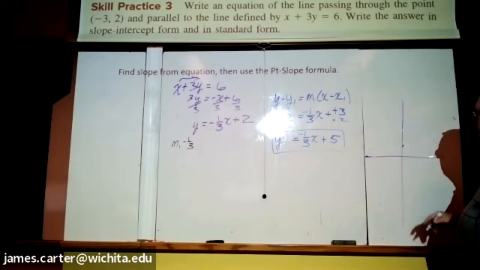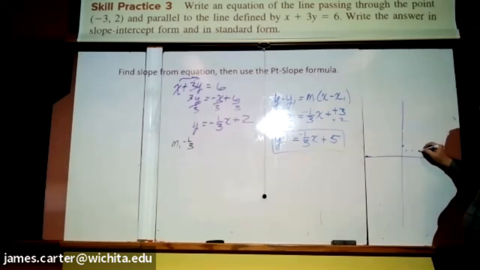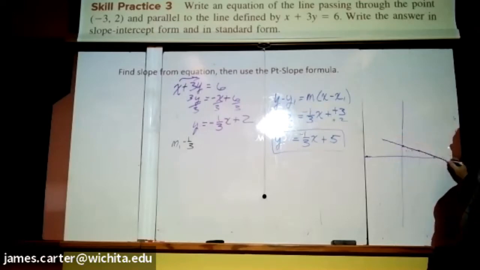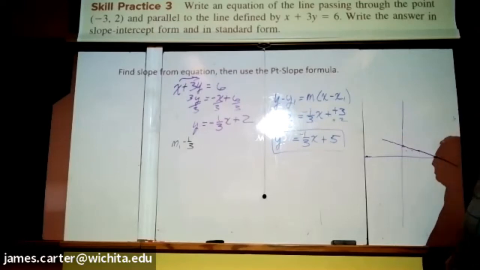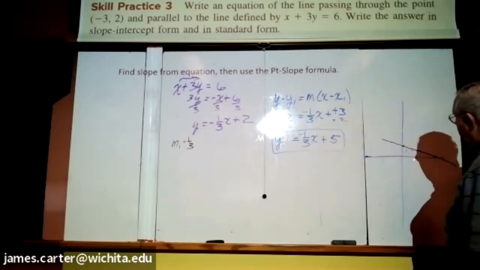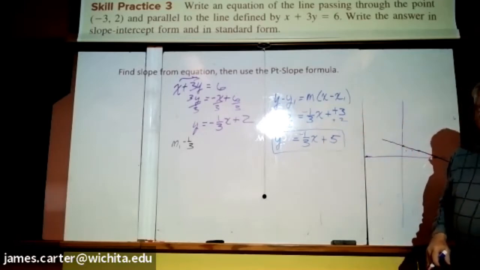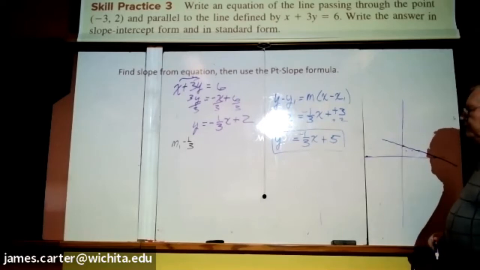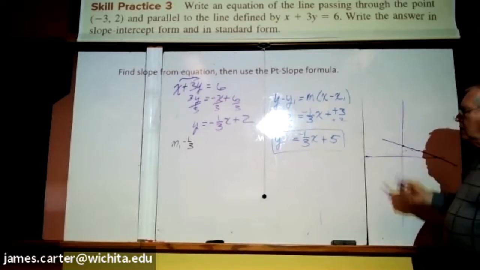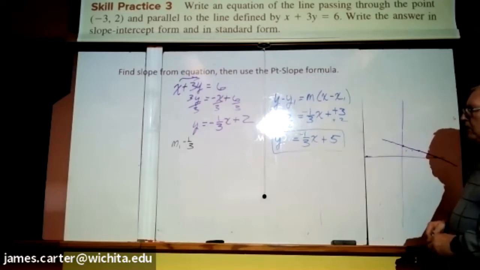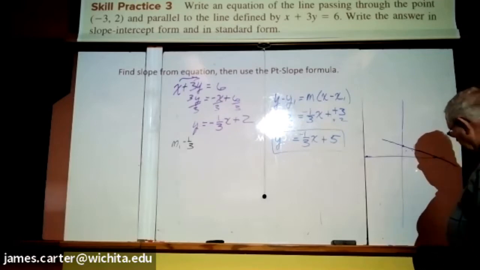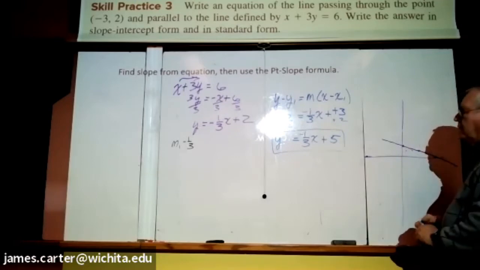Down 1, right 3. I hope you aren't having a bad day. And our graph should go like this. How did I catch my last mistake? Because it's a negative slope and it has to go downhill. So hopefully, if you haven't learned anything out of this mess up that I've done on this problem, I hope that you have at least learned how to recognize when you make a mistake.